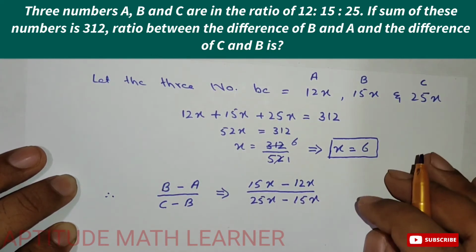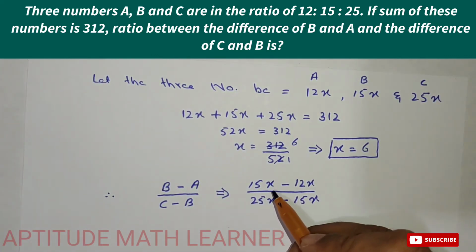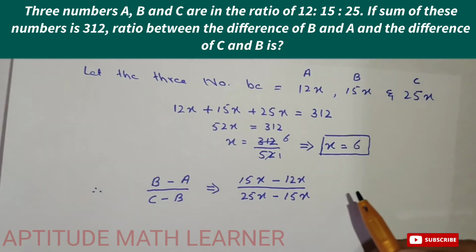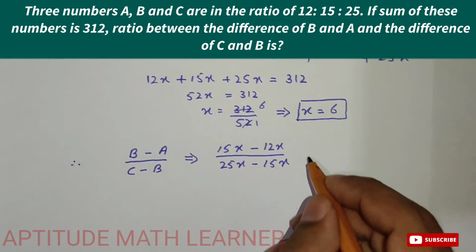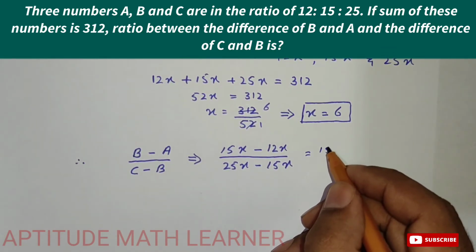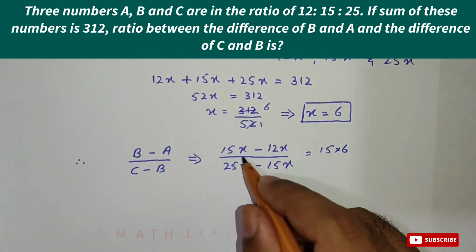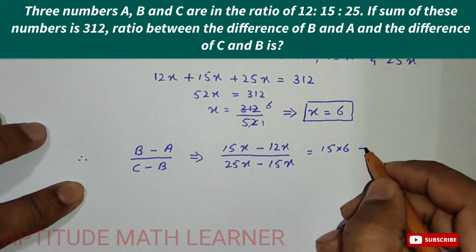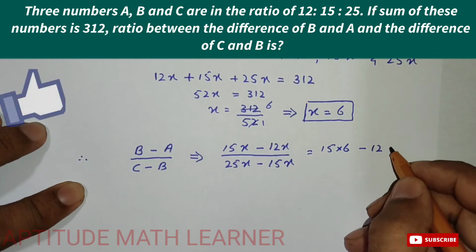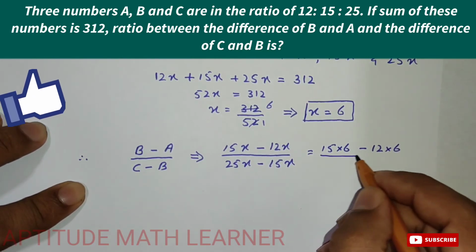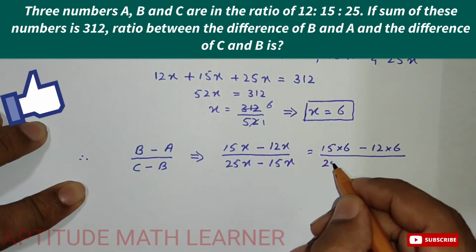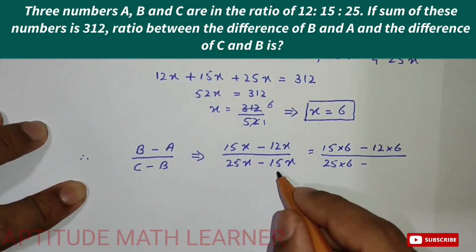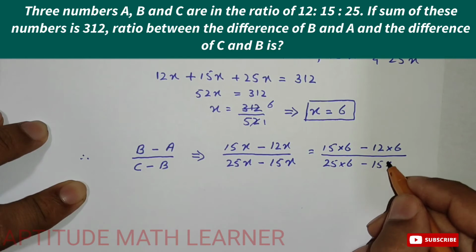So now putting the value of x, which is 6, after putting the value we get 15 multiplied by 6 minus 12 multiplied by 6 upon 25 multiplied by 6 minus 15 multiplied by 6.